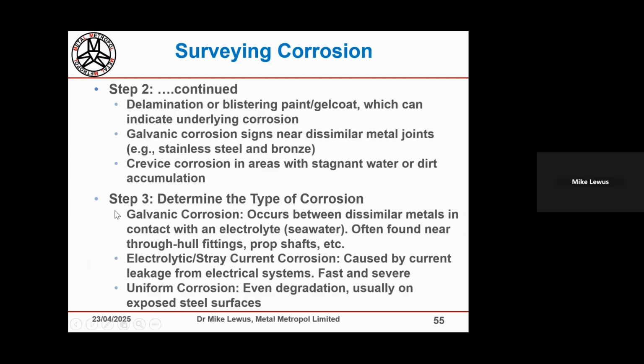So doing initial visual inspections is important, then determining what the nature of the corrosion is. Is it galvanic corrosion? Is it stray current corrosion? Is there pitting or crevice corrosion in there? I'd probably just make the point that the localized forms of corrosion, like pitting and crevicing, are more insidious because they occur in places where you can't see the extent of them.